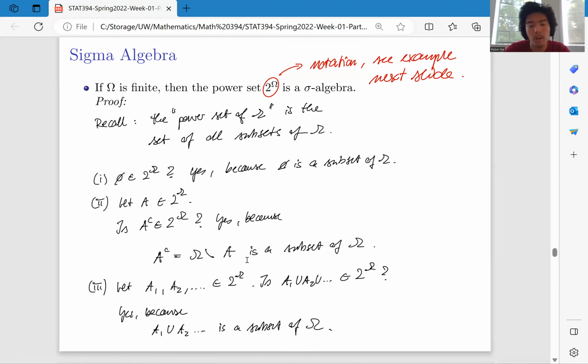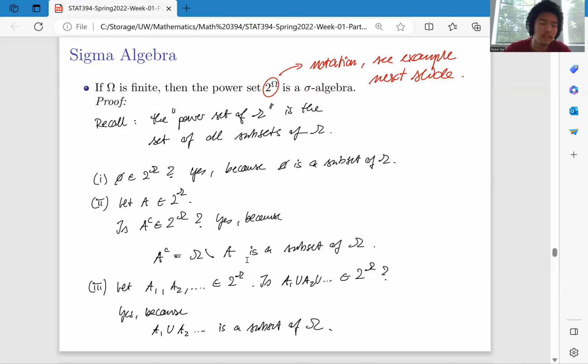And the third one, how to convince yourself: if A1, A2, A3, A4 to A billion are inside the power set, is their union also inside? The first thing you think is that all of the elements inside those A1 to A billion are in the range of omega. They cannot be out of the range because they are subsets.